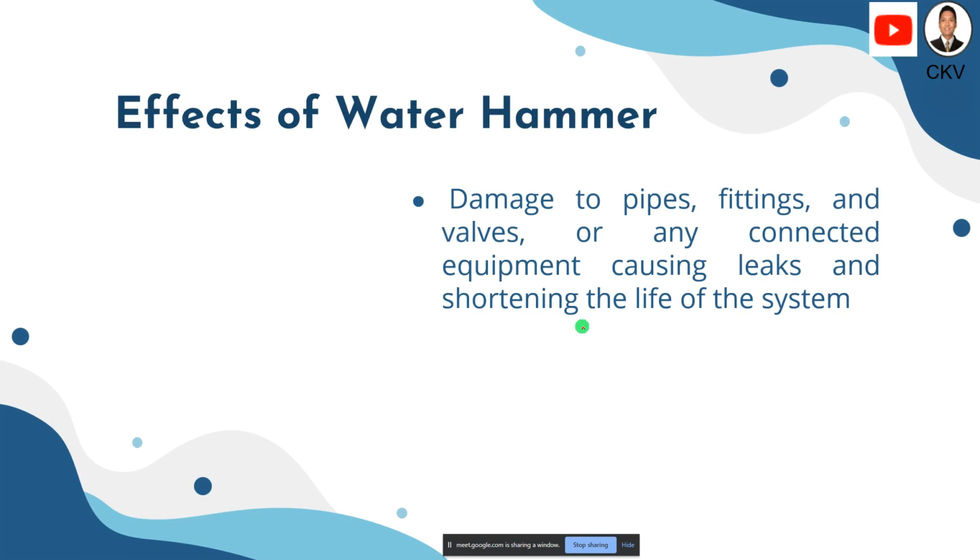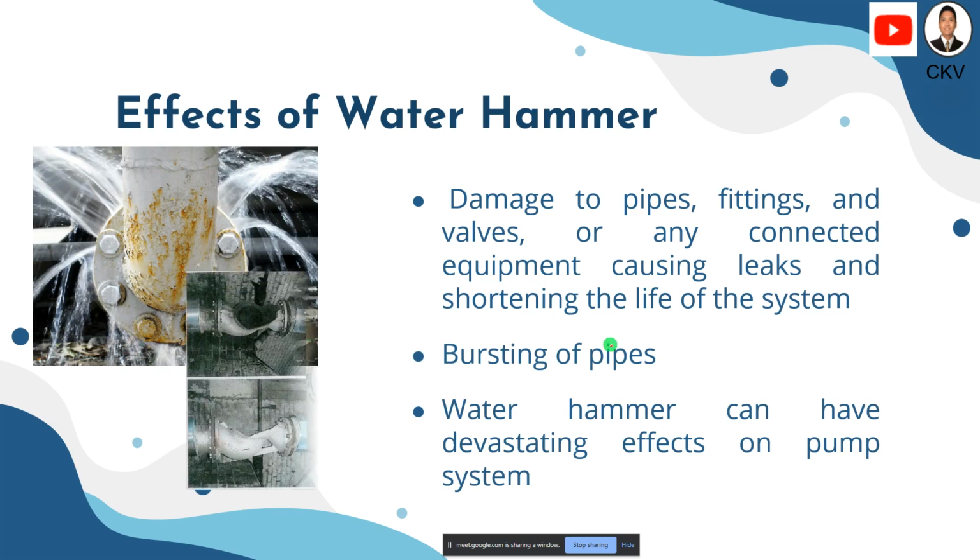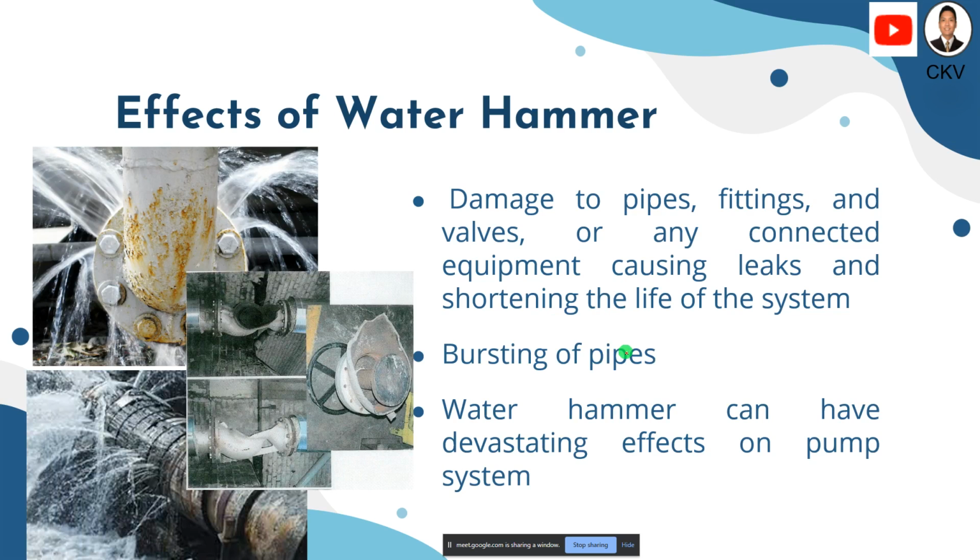So if the pipeline system is not properly designed to withstand water hammer, this would be one of the major damages that it can cause on our pipeline system. And number two is bursting of pipes. Our pipelines might burst when there's water hammer. And water hammer can have devastating effects on the pipeline system.